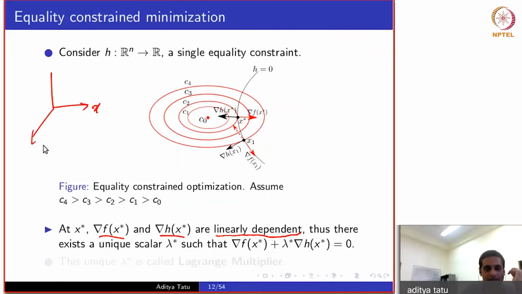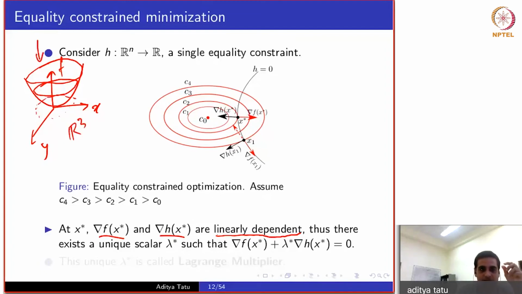At a particular level surface of the cost function, we're looking at multiple level surfaces of f, and we're trying to find the minimum value among any of those level surfaces of f. So it's like this picture in R3. If I look at this picture from top, then I get this picture.